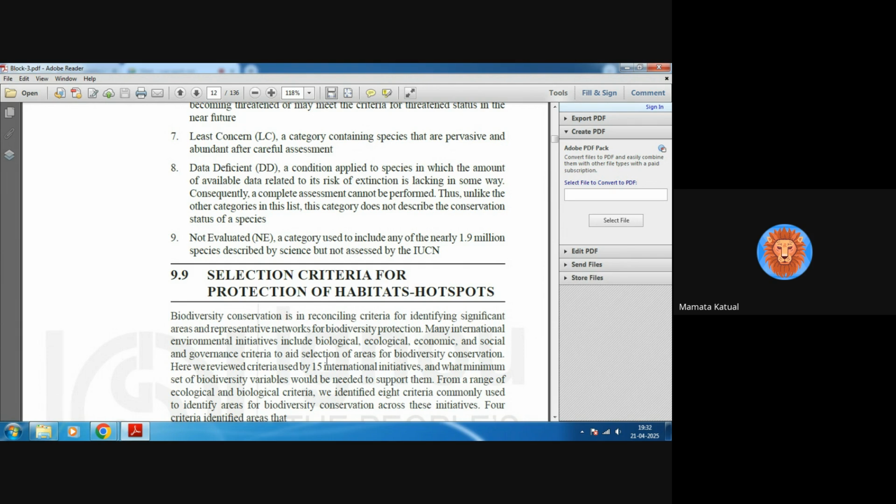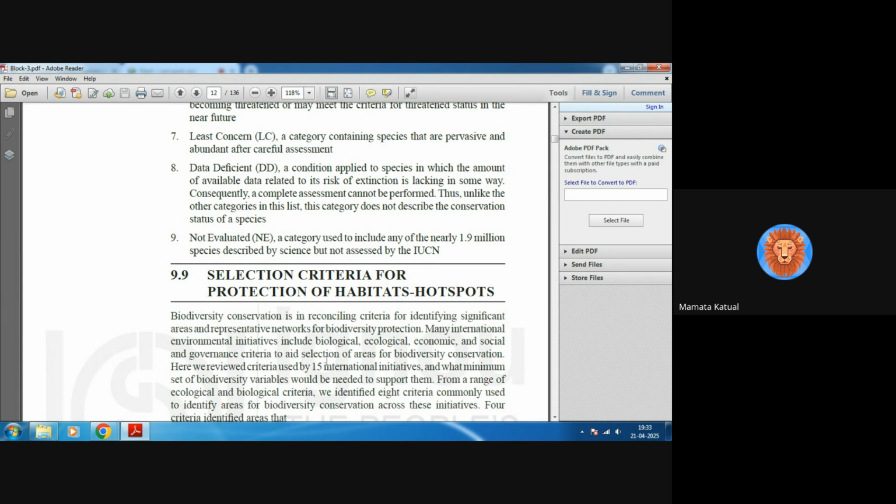Scientists have identified and described more than 1.9 million species, but all these species are not assessed by the IUCN, so IUCN cannot keep them in any group.